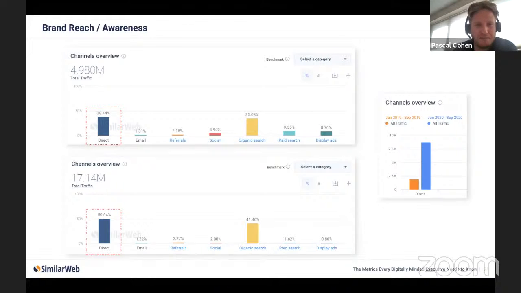That's Peloton. Here you can see how you use Similarweb, and especially these metrics, to understand brand reach. Last year almost 40% of the traffic came from direct, and direct traffic, as I said earlier, is an indicator of brand reach and brand awareness. This year their direct traffic is 50%.